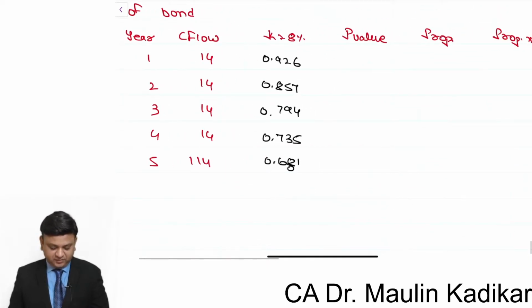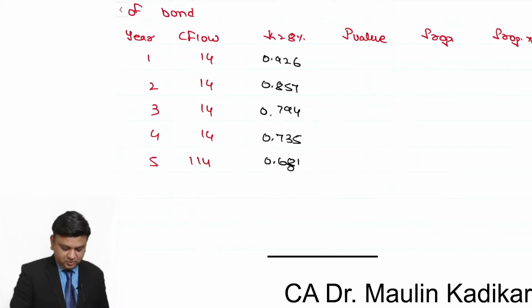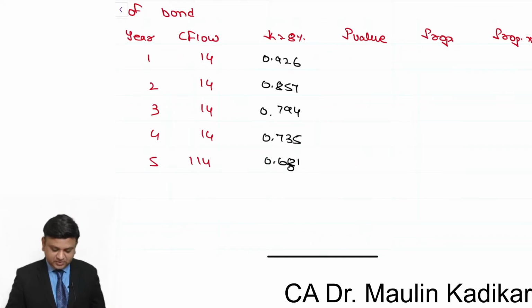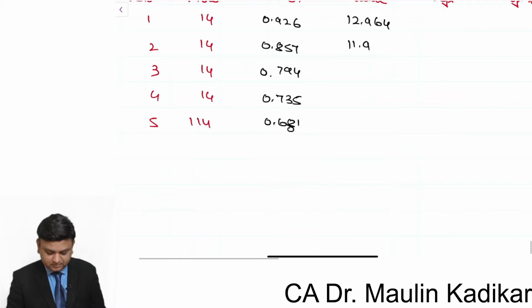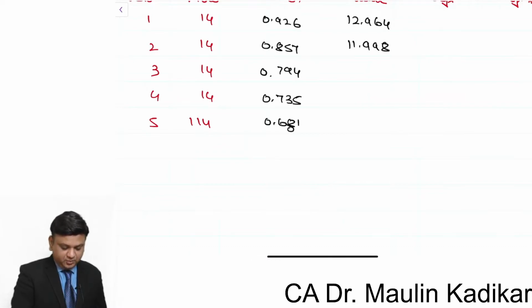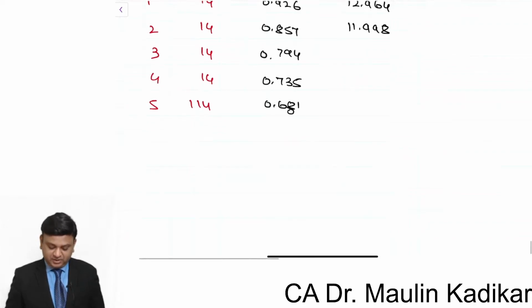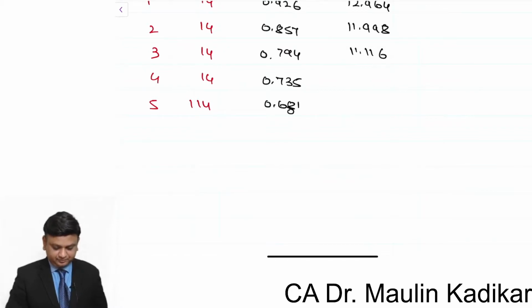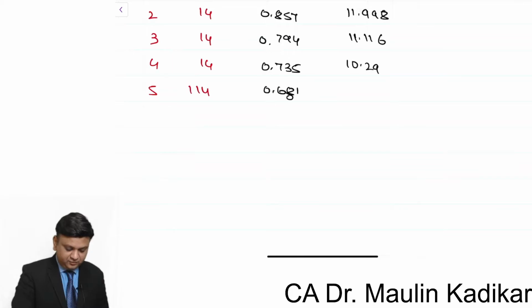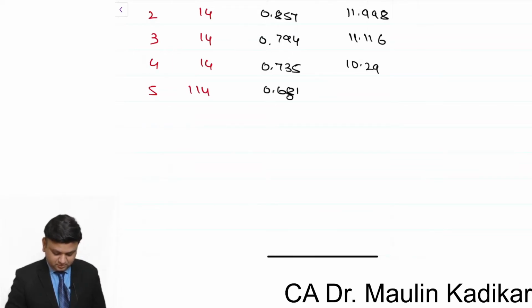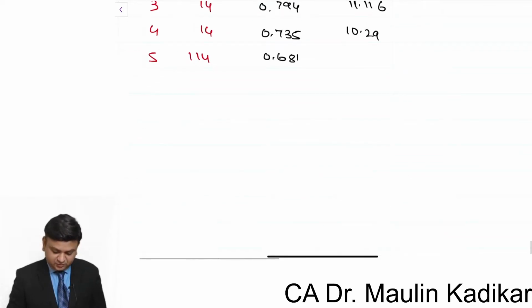Now cash flow into present value factor. 14 into 0.926 is 12.964. 14 into 0.857 comes to 11.998. 14 into 0.794 is 11.116. 14 into 0.735 is 10.29. 114 into 0.681 is 77.634.